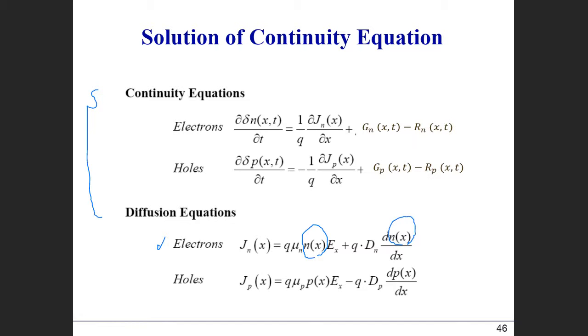In the continuity equation, the electron concentration is also related to the current. So these two are coupled together.